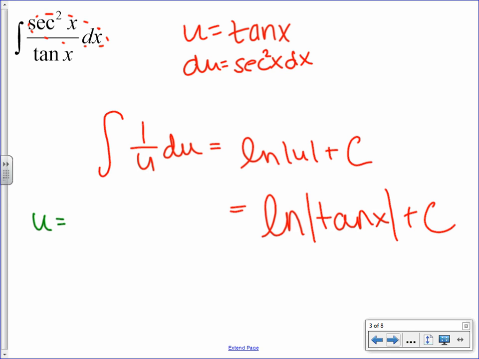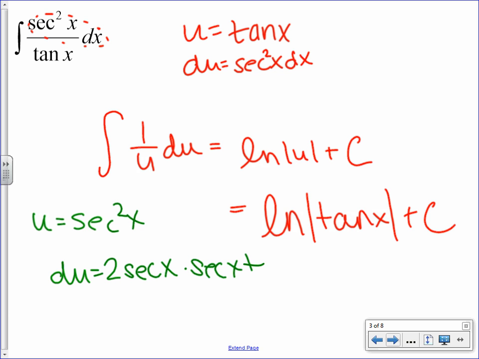Our only other option is substitution. So what if I let u be secant squared x? Well, then du would be 2 secant x times chain rule, secant x tangent x dx.